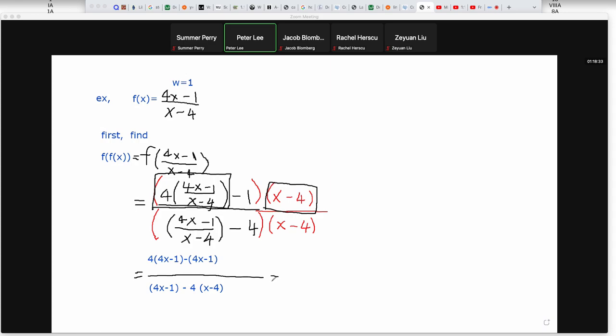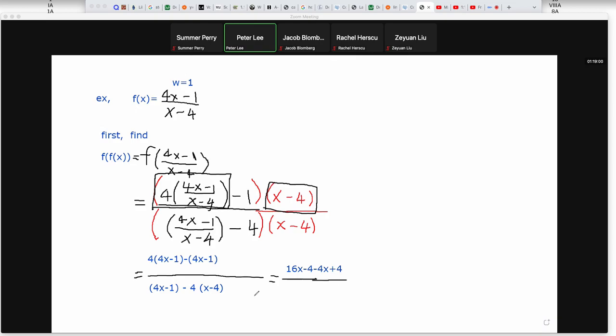Now if you simplify this, it is quite easy. 4 times 4x is 16x, and then minus 4, and then minus 4x, and then plus 4. You get this in the numerator.